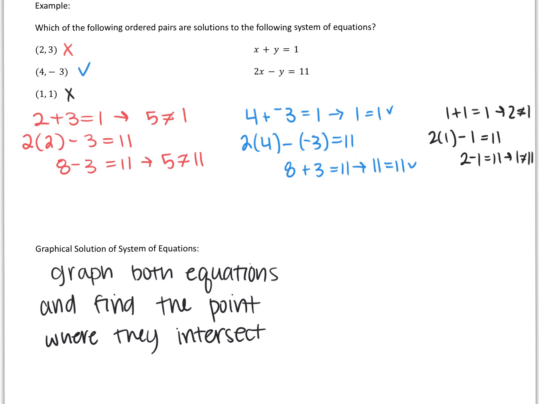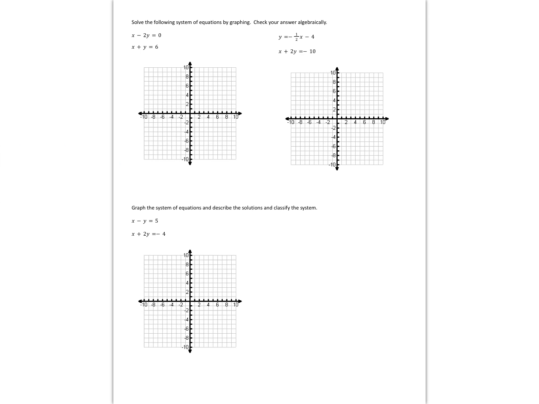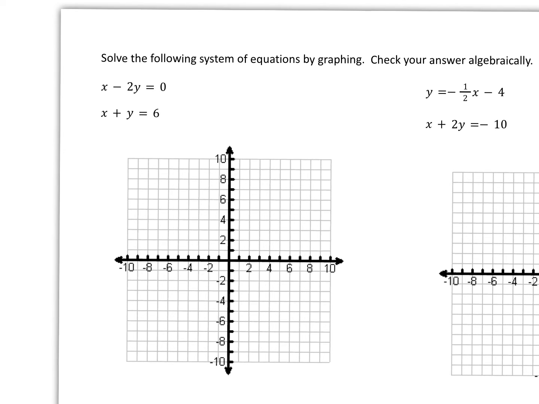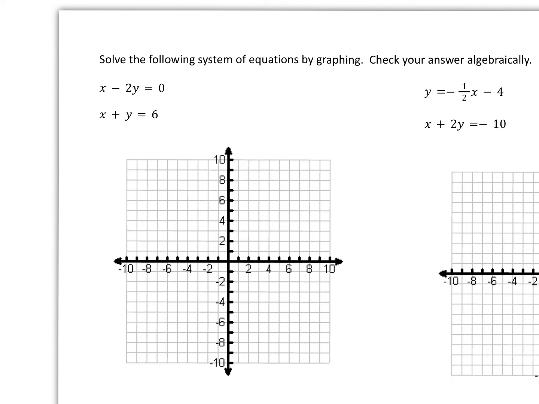So we are going to be graphing equations by hand, and anytime I ask you to do this, I will provide you a little 10 by 10 graph to use. All right, so our first example, we have the equation x minus 2y equals 0 and x plus y equals 6. Now, we do want to make sure when we're graphing our equations, we're using mx plus b form.